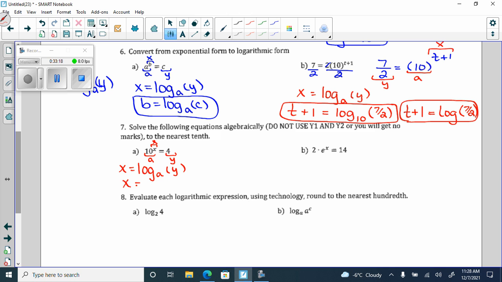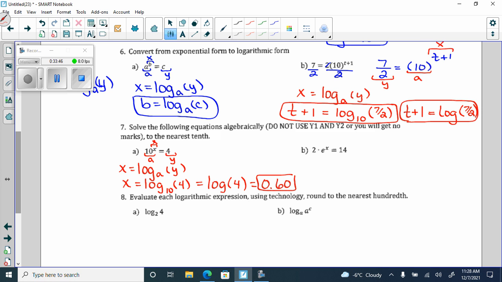So I'm going to get x equals log base 10 of 4. What does that become? I could just write log 4, or 0.60 if I go to the nearest hundredth.